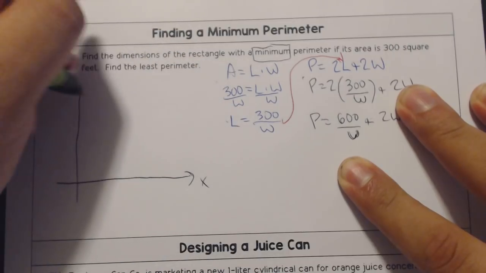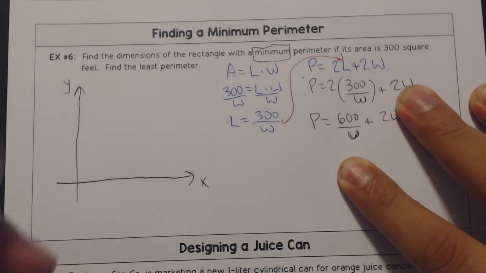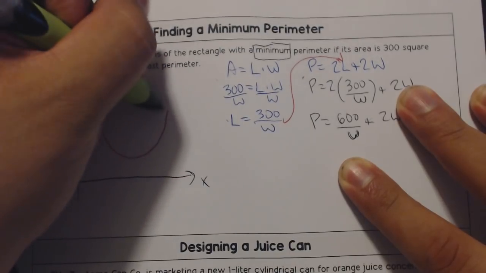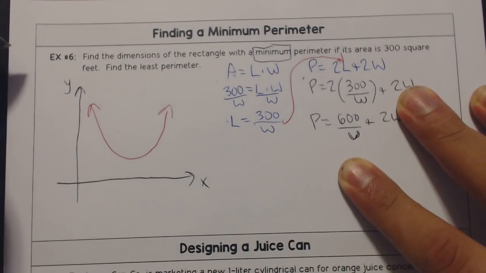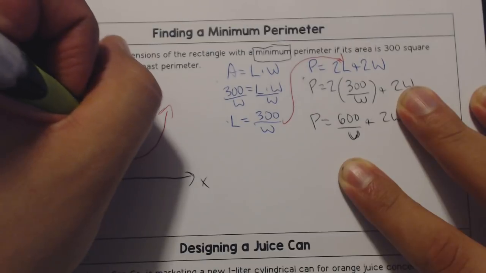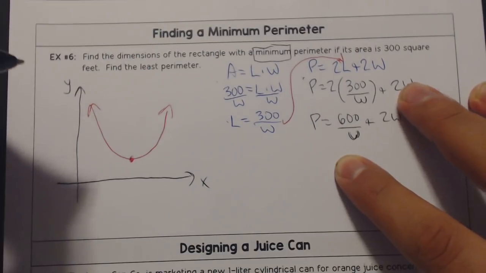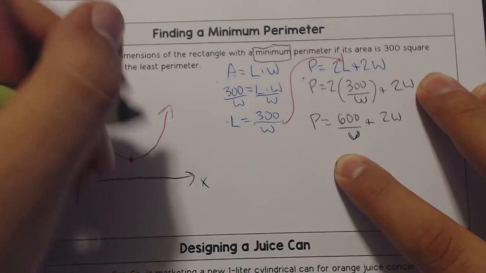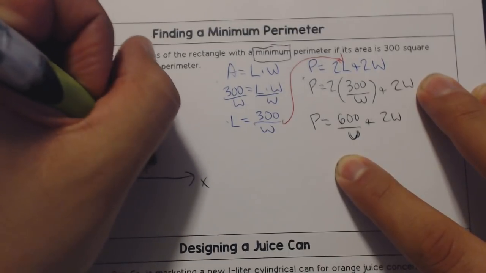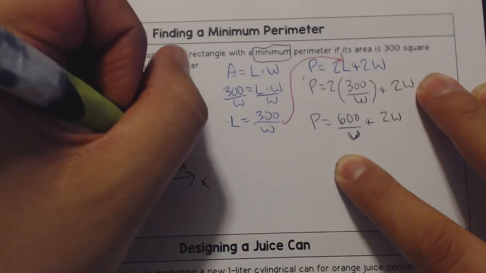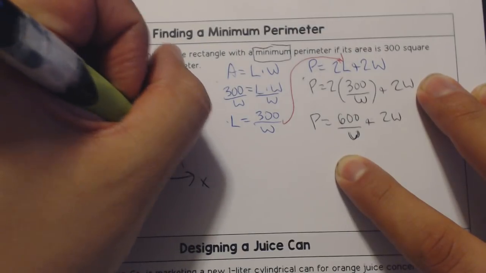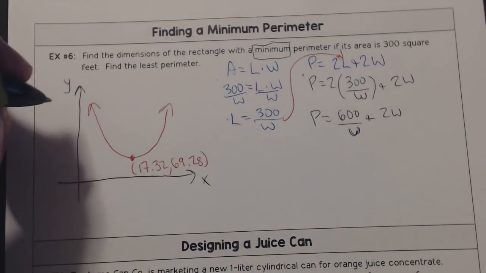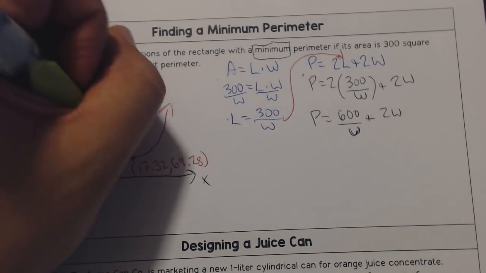This is X comma Y. I get a minimum by tracing and using the second calc or second trace button, and I find that the coordinate is 17.32 comma 69.28. So this is my minimum.